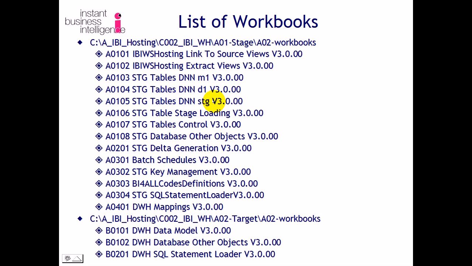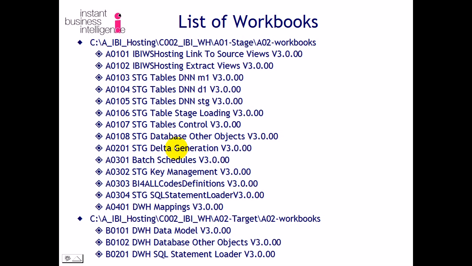You then have the staging tables proper. You have staging tables for loading data into. You have the SeETL control tables. So these are all spreadsheets that define tables. Then there are all the other objects that you need in the staging area, things like indexes and views and those kind of things.